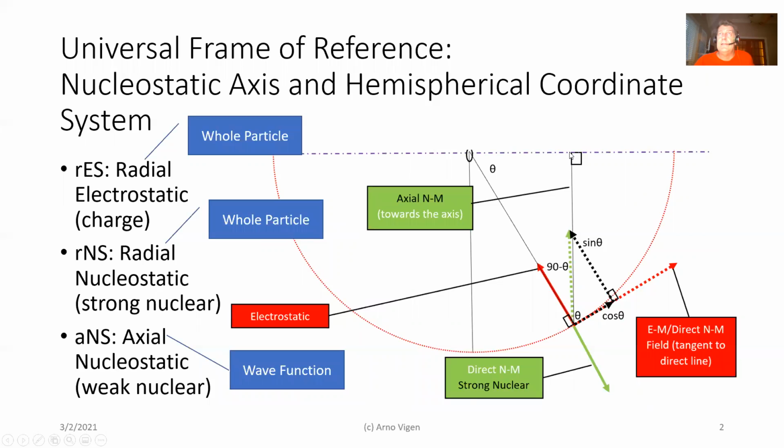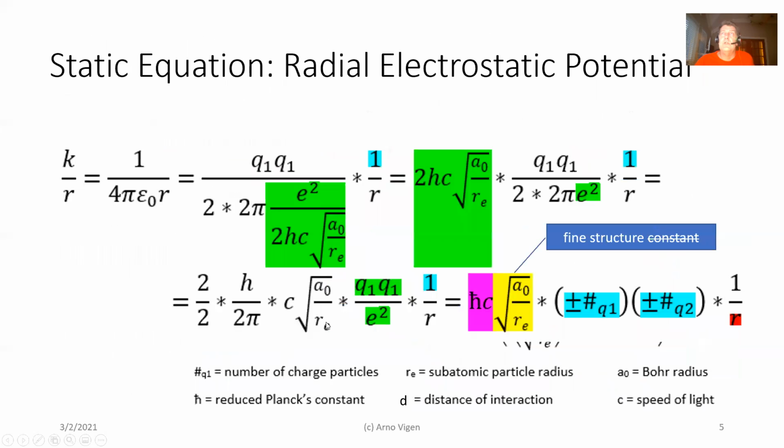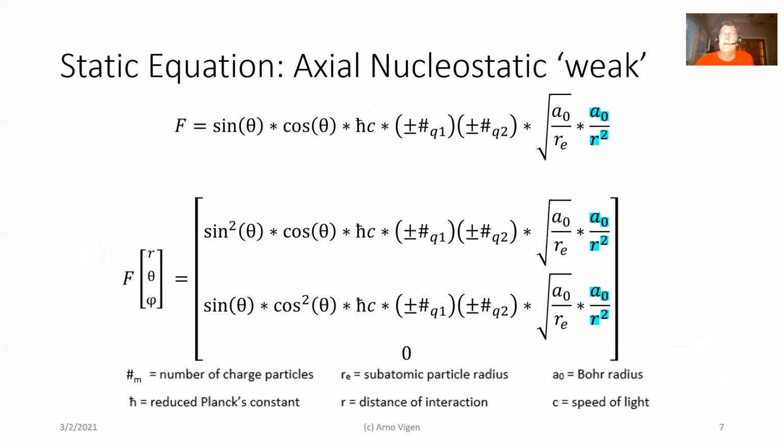So if you get this times that, that's the cosine times the sine. That is the strength of the nucleostatic sine times cosine relative to that strong nuclear force. The weakest sine times cosine is always less, and can be very much less. And that's why they call this the weak nuclear force. And I call it the axial because I want to get in the 3D geometry that helps make everything good.